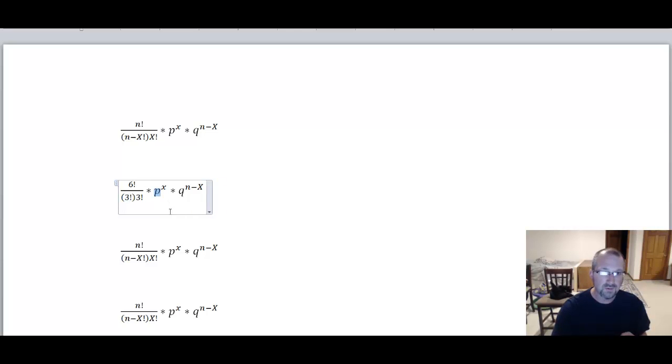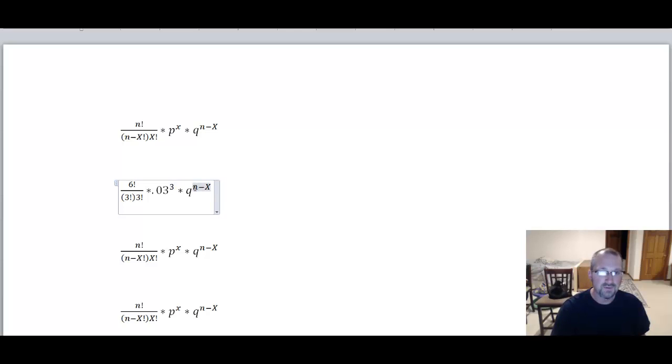Your p-value, or the probability of success, was given in the problem as 3%, or 3/100ths. And we're going to raise this to the x power, and the x power in this case is going to be 3 because we're choosing 3 from our original group.